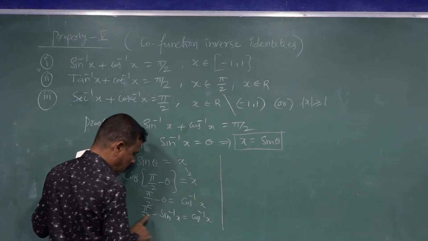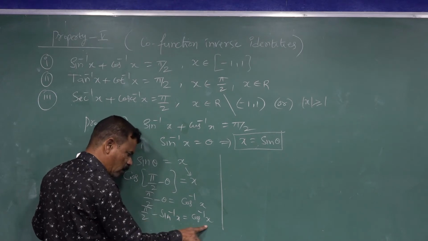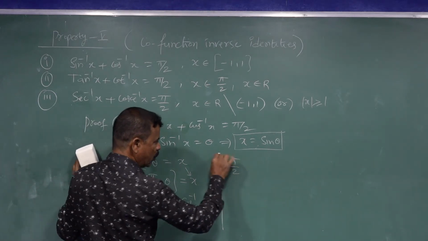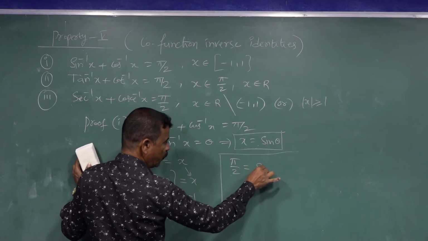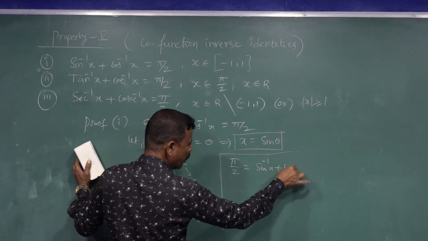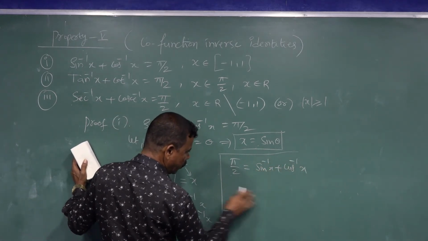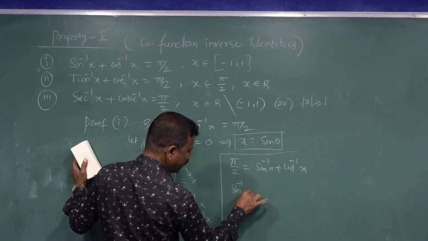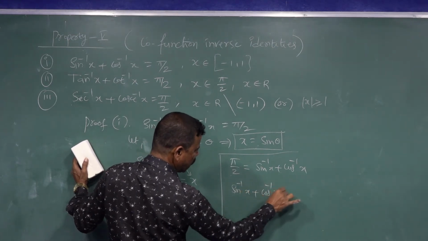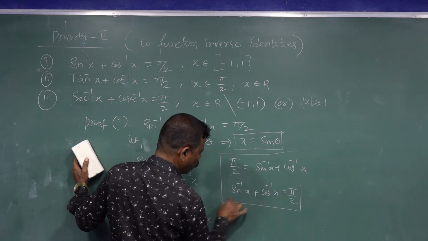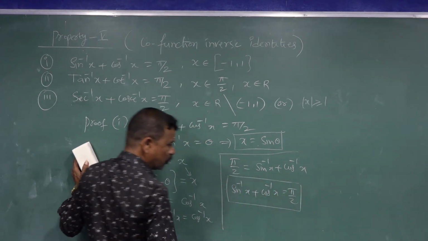After that, send this sin inverse x outside: π by 2 is equal to sin inverse x plus cos inverse x. Hence proved.